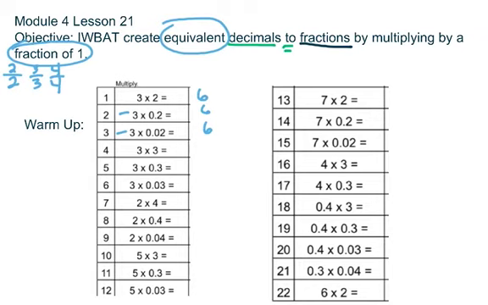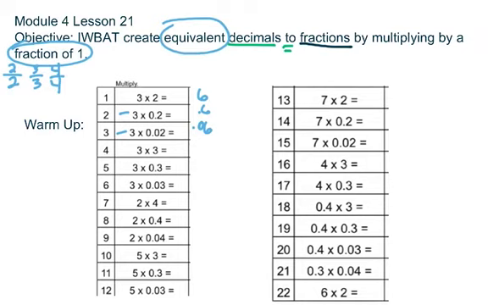But we're looking at where the decimal placement is. So for number 2, I'm going to move the decimal over 1 time. So that would be 0.6. For number 3, I'm moving the decimal over twice. So I have to put a placeholder in there, and that's 600ths. So 6, 6/10, 600ths.